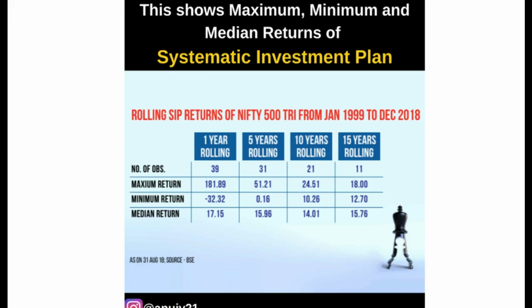We can clearly see from the data. And the median return is 14.01. For the 15 years of rolling return, we have taken 11 observations. The maximum return is 18%, the minimum return is 12.70%, and the median return is 15.76.